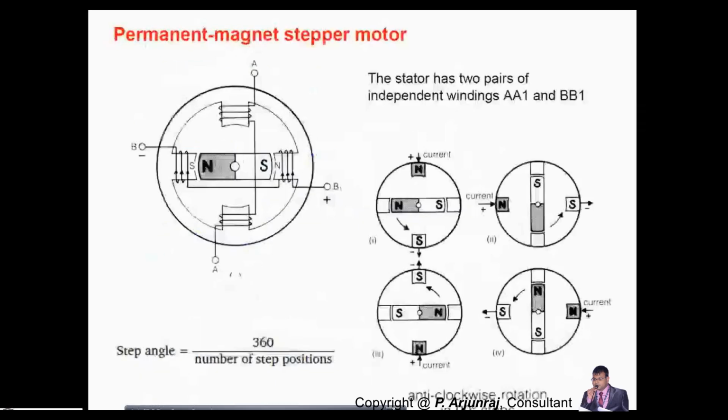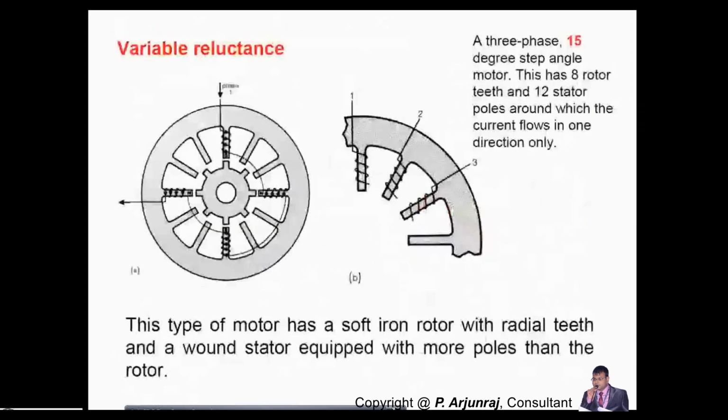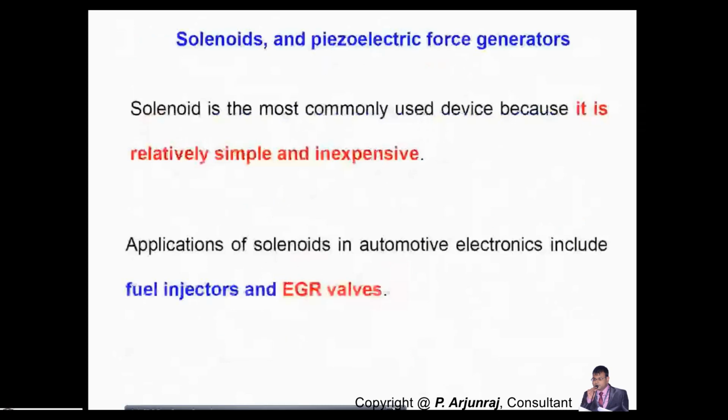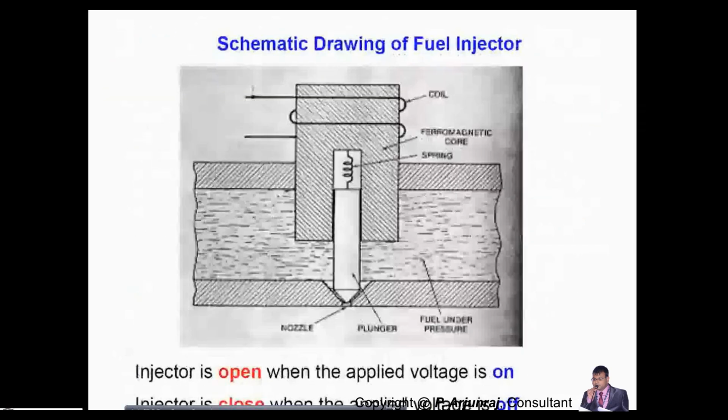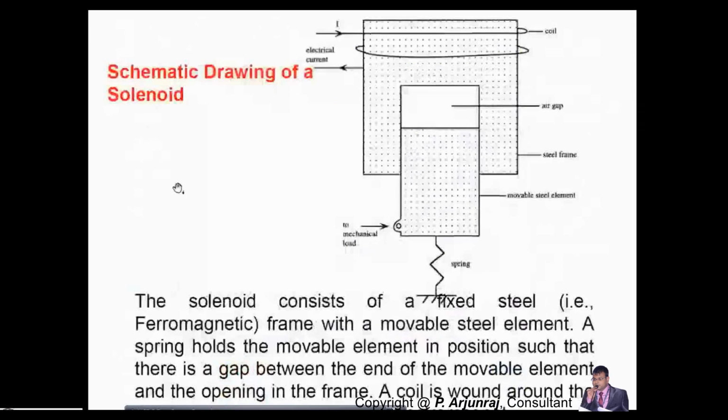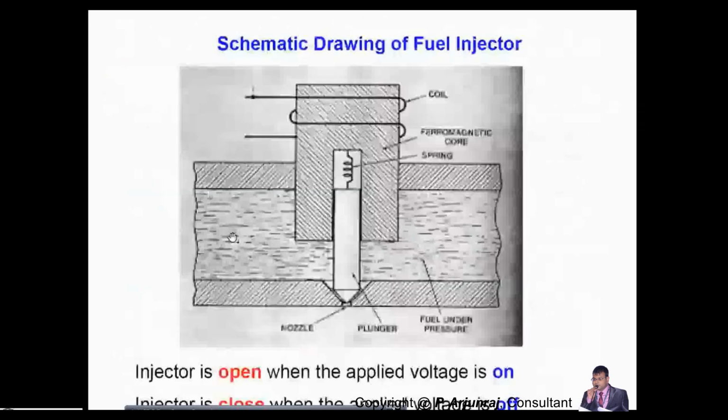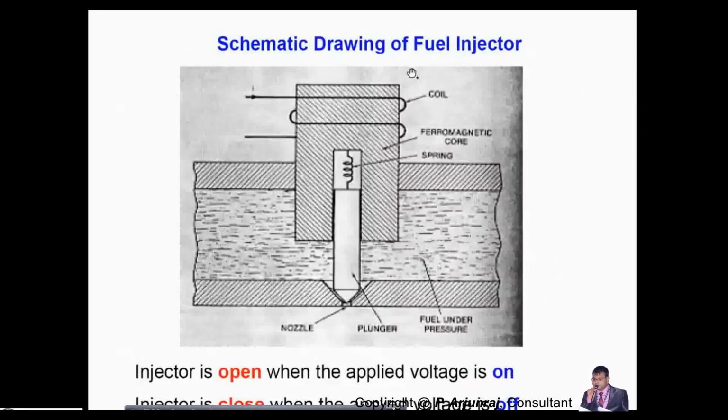So you will see some of the actuators which are there in engine applications. These are the actuators which are working on the solenoid-based principle, basically the fuel injector. It is basically the actuator you are using for the injector.